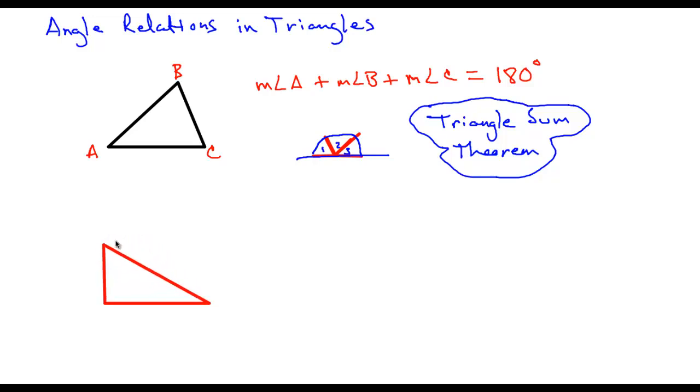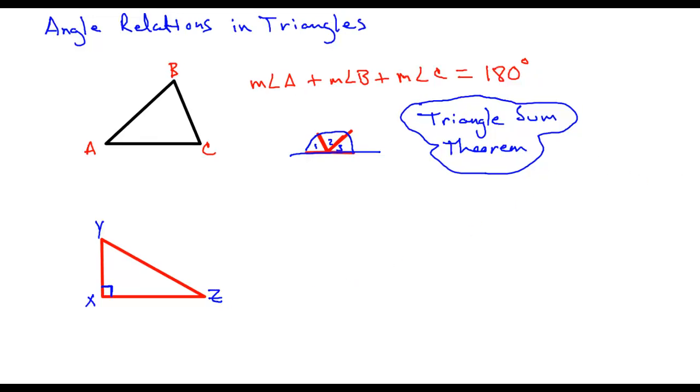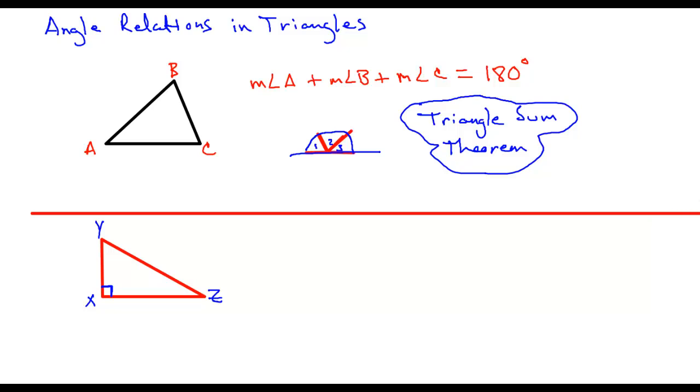So I'm going to draw a right triangle, and yeah, I got my right triangle, so it'll be right triangle X, Y, Z. And I'm going to separate all this with a nice little line so it doesn't get confusing.